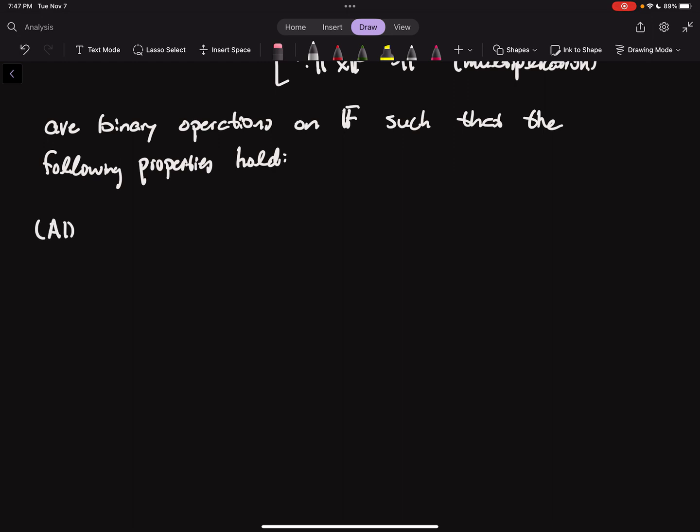And the first one is x plus y equals y plus x for all x and y belonging to F. So that is to say addition is commutative. Okay, the second one is that addition is associative.